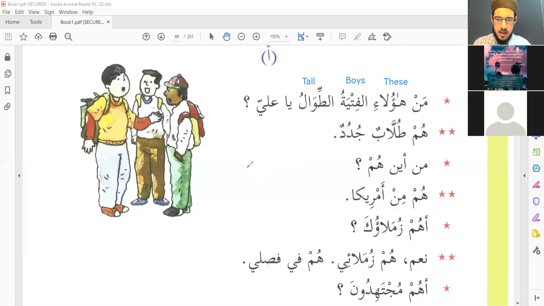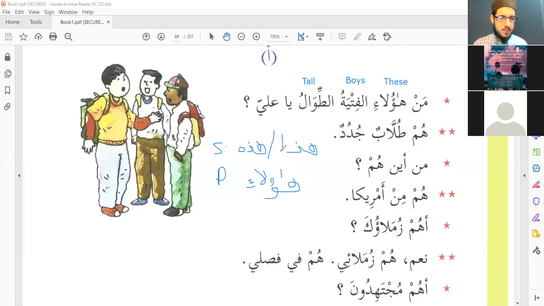So in the singular, we have hadha, which is this, or hadhihi, also this, but it is feminine. And the plural, we have haula'i. Notice that this is alif, ha, u, la, i.